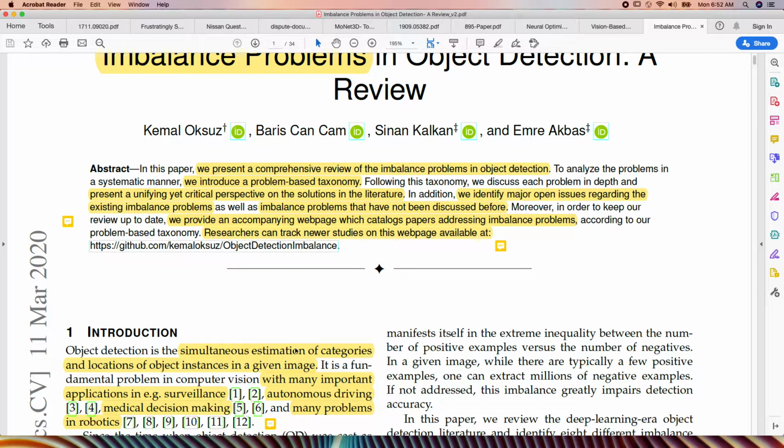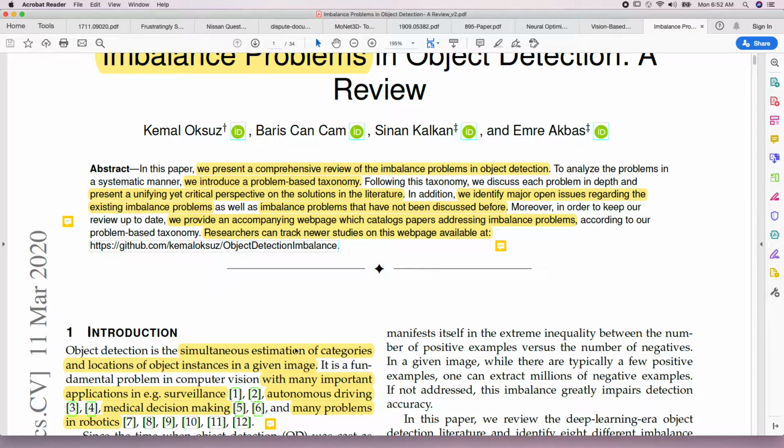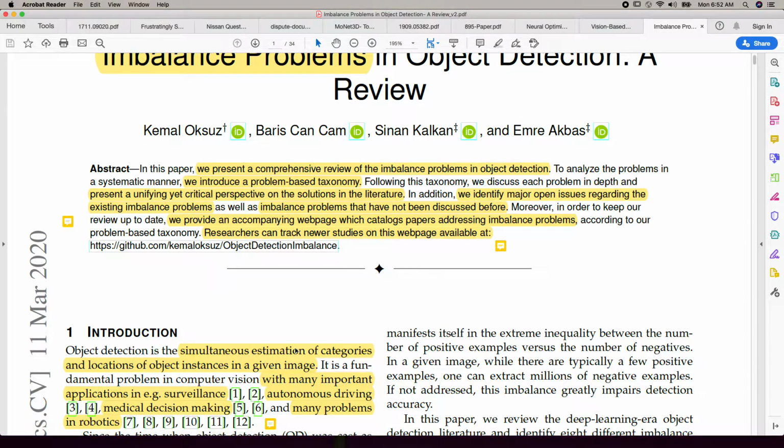So here in this paper, we're trying to review a number of imbalance problems in object detection, and quite there are a lot, and some of the solutions that have been identified. So they identify major open issues regarding the existing imbalance problems, and those have not been discussed.